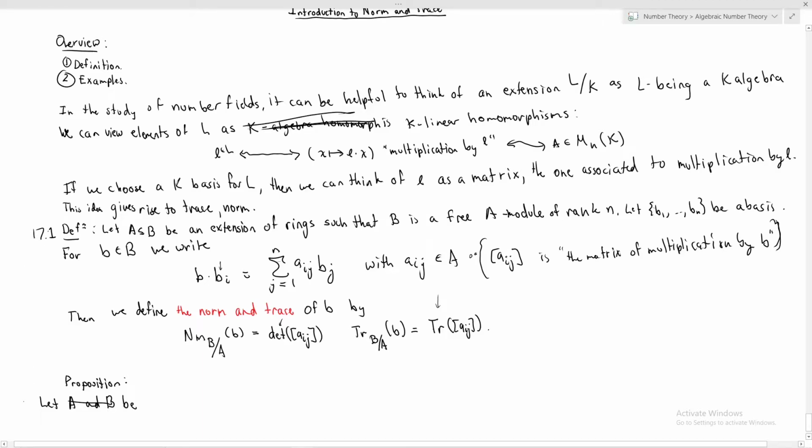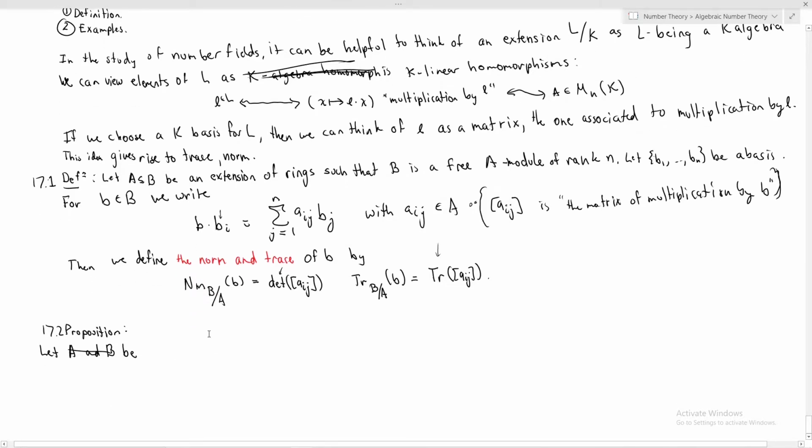So we're going to let A and B be rings as above, and let B and B prime be elements of B, and A an element of A.